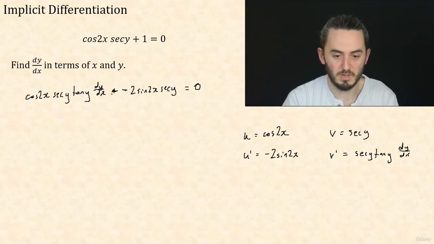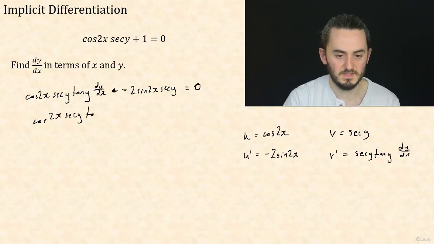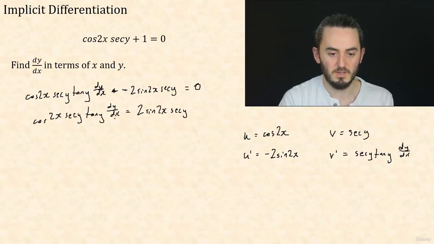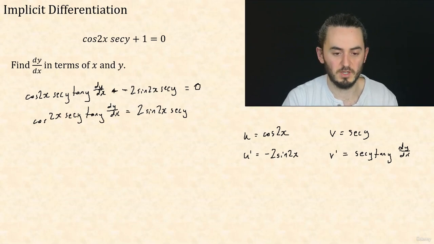Okay, so I want to find dy by dx, so why don't I get this stuff over to the other side? So I've got cos 2x sec y tan y dy by dx equals 2 sine 2x sec y. First thing to spot is I've got sec y on both sides, so I can just simply cancel that.